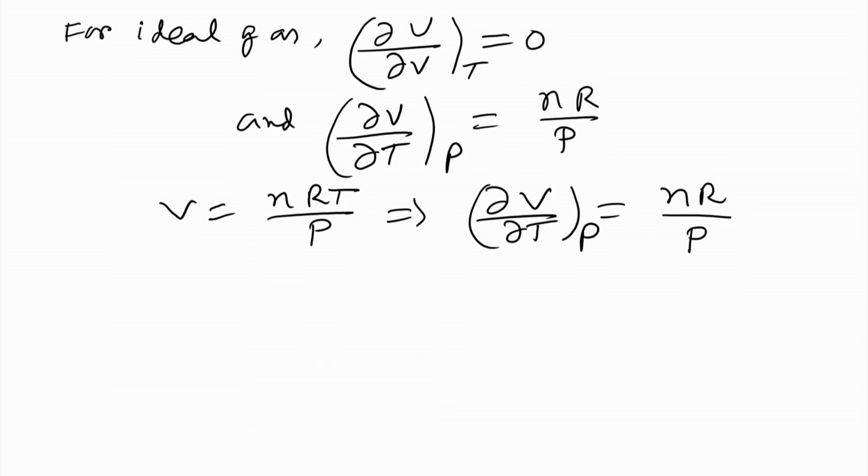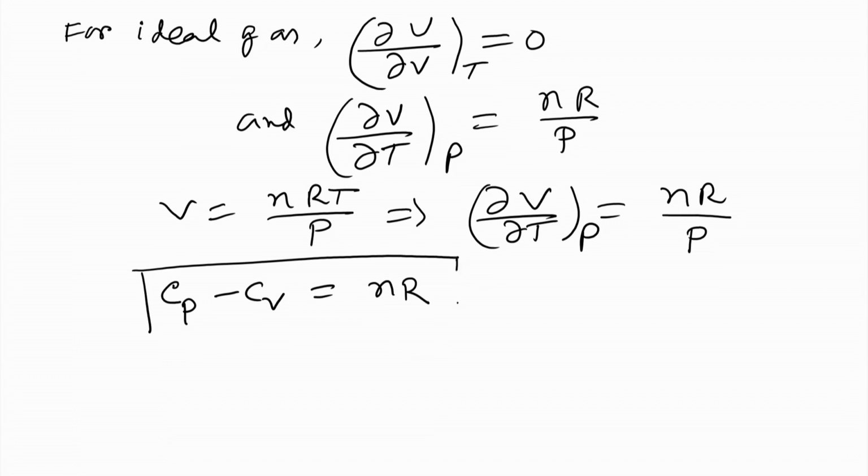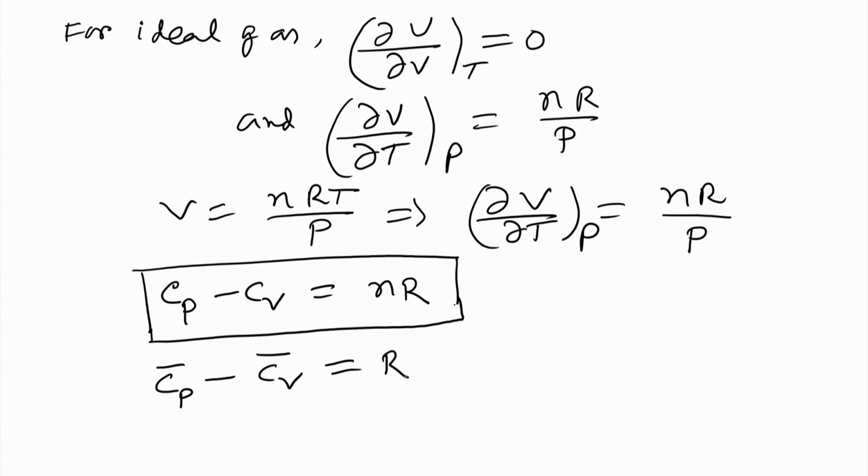So, if we substitute this in the previous expression, we get Cp minus Cv is nR, that we are familiar with. Okay. We know this expression from our +2 level. This is for n moles. Okay. And Cp minus Cv, with Cp and Cv per mole, gives you this expression.